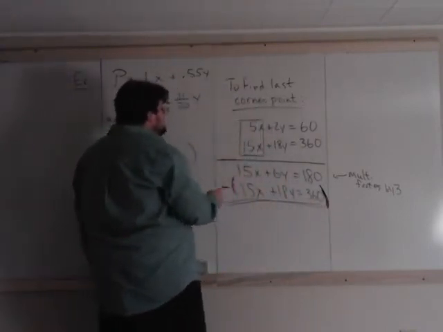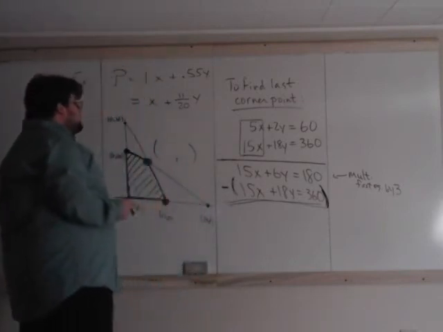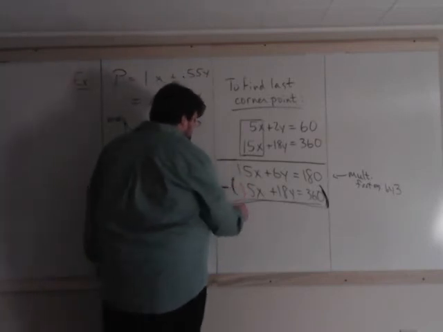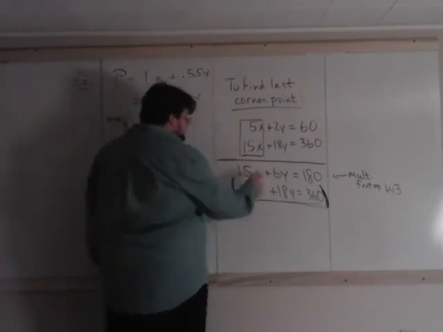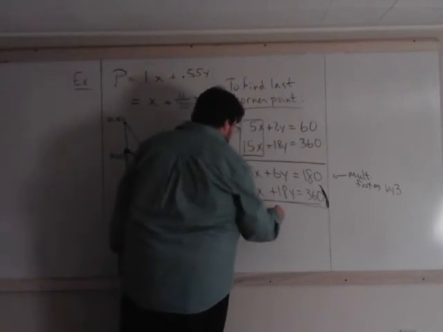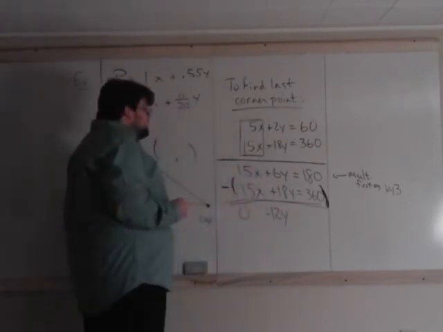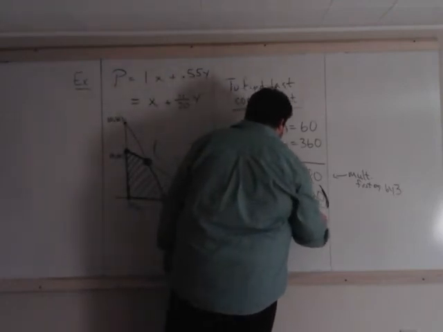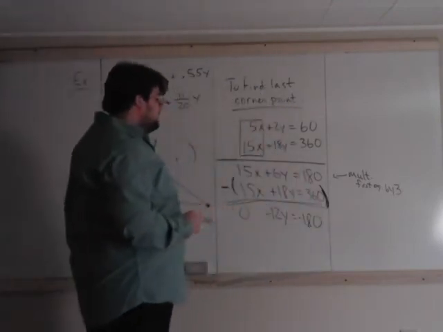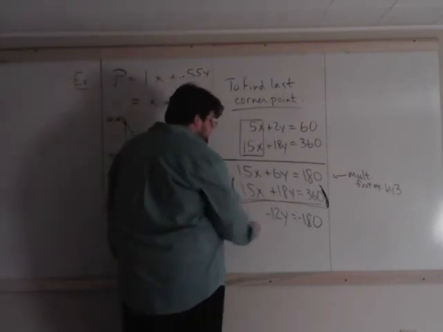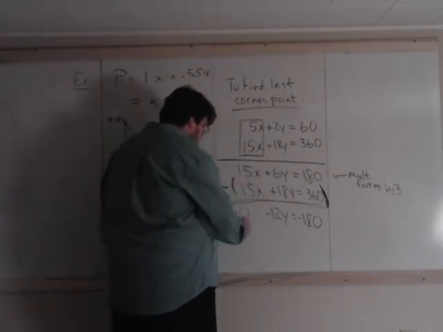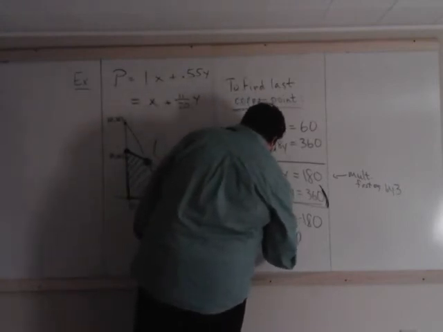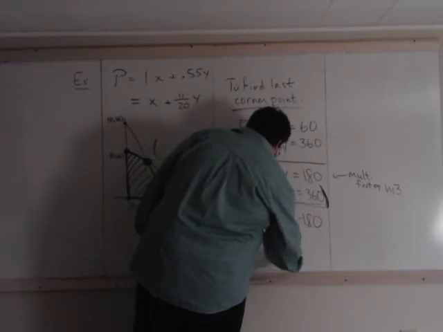Well, we've set ourselves up so that all we have to do is pay attention to coefficients. 15x minus 15x is 0. 6y minus 18y is negative 12y. 180 minus 360 is negative 180. So we have 0 minus 12y equals negative 180. That's the same as negative 12y equals negative 180, which is the same as y equals 15.